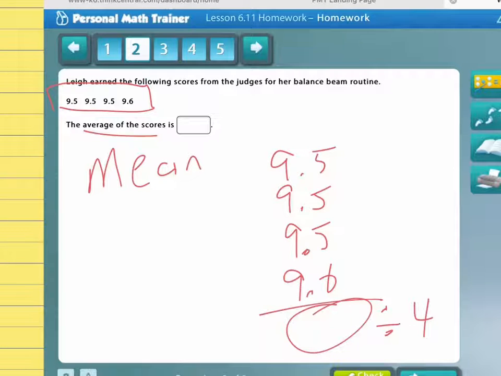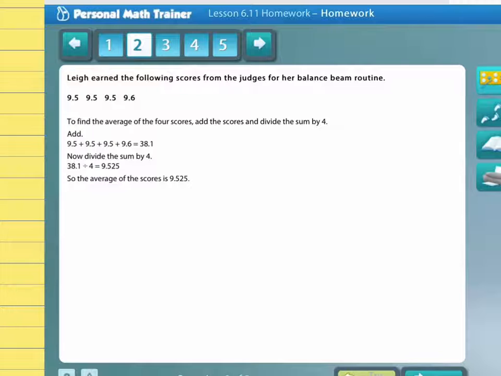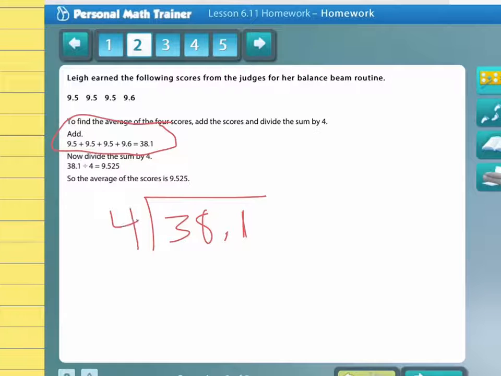Let's check out Think Central's explanation. What they did here is they added them all up. They got 38.1 divided by 4, and when you divide 38.1 by 4, you have to move the decimal up, and then you have to annex a couple zeros to keep dividing it out.